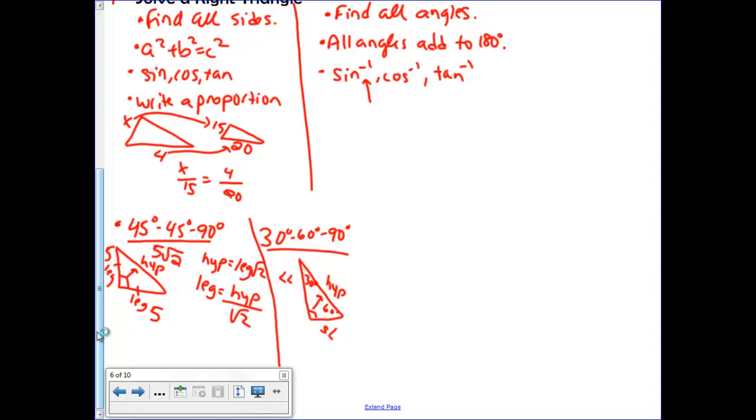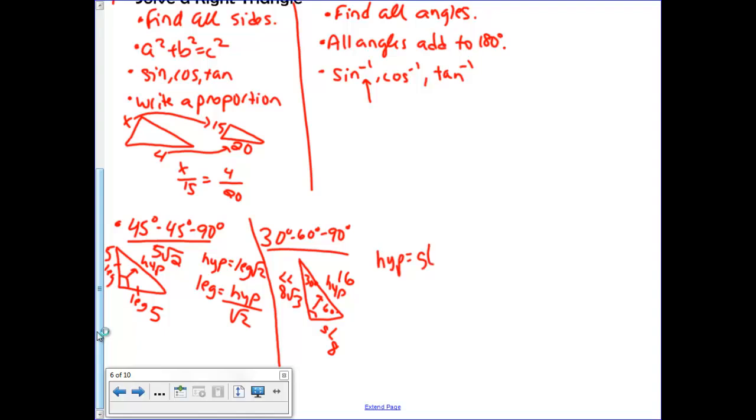If I say, hey, the short leg is 8, that means the hypotenuse is 16, and the long leg is 8 square root of 3. Again, some of you know those rules. You got it memorized. You're like, I just know how that works. Others of you would prefer to see this written.